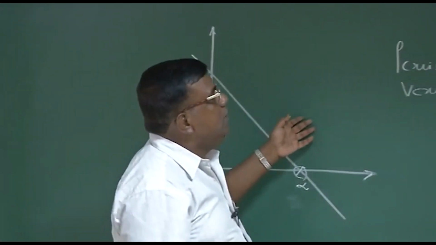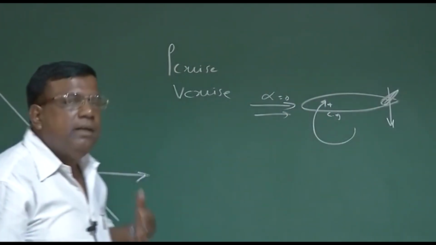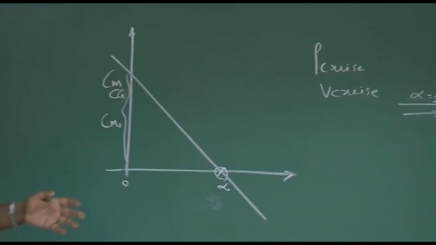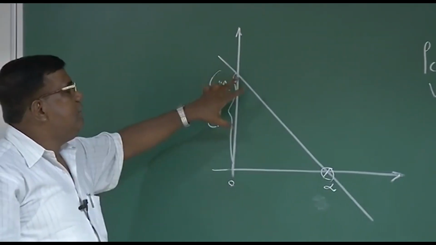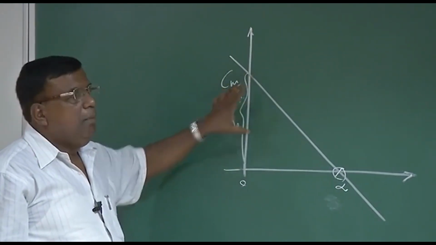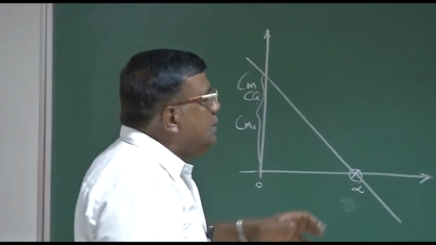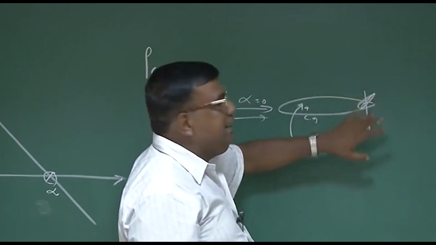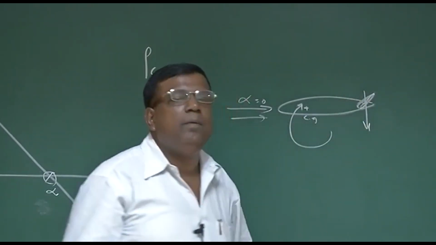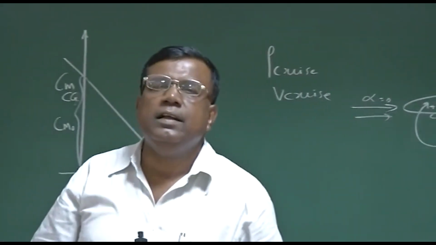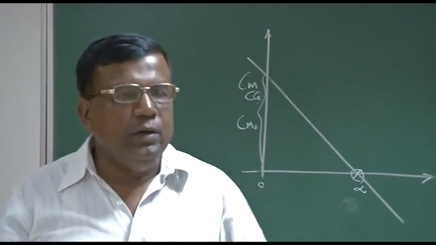At that altitude, you deflect the elevator by a requisite amount so that it generates this much Cm naught. But do you think that's a good design? Definitely not. Because most of the time you'll be flying like this, and because of this deflection there will be drag, and unnecessarily you are giving a penalty. So what would you like?